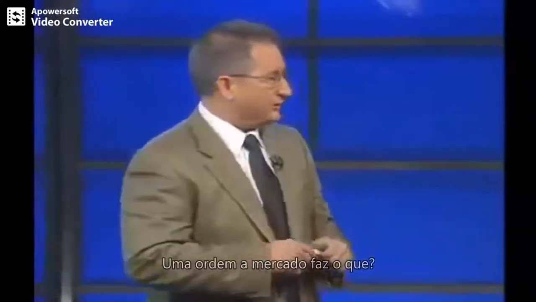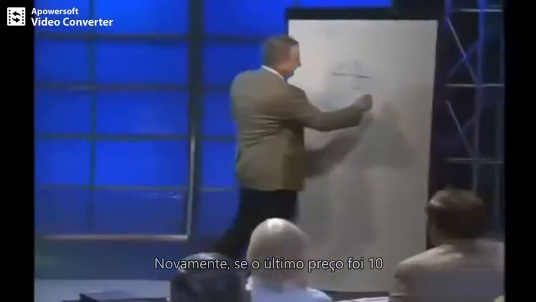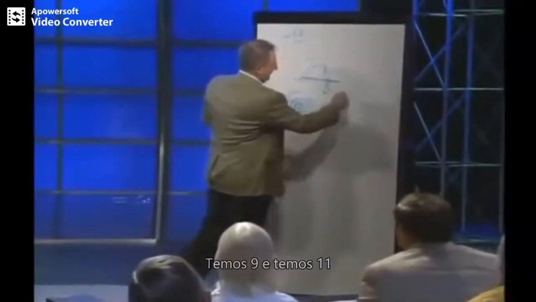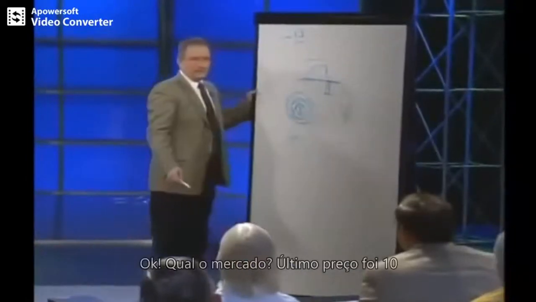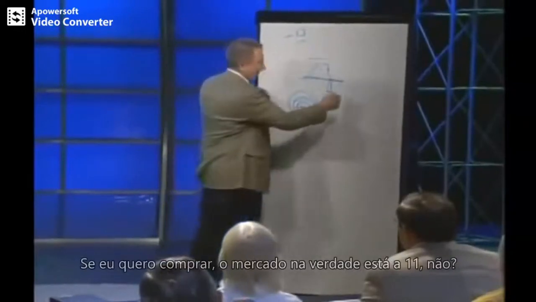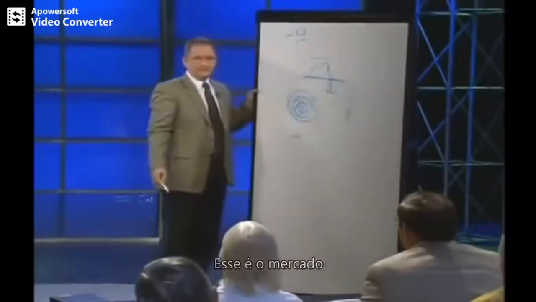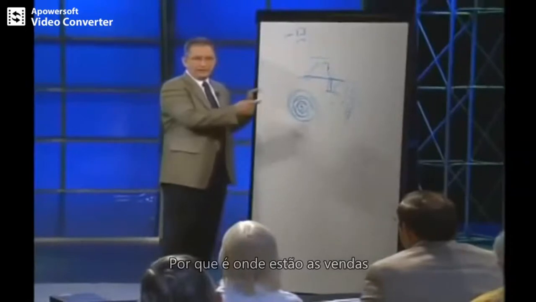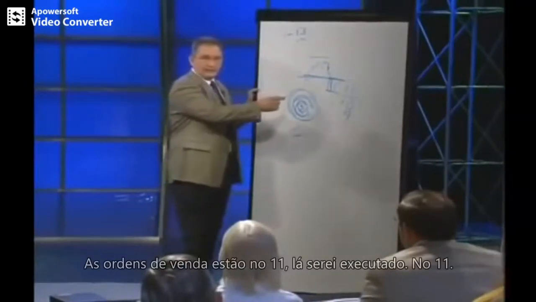Because a market order does what? If the last price is 10, we've got 9, we've got 11. What's the market? The last price is 10, but if I want to buy, the market's actually 11, isn't it? That's where the offers are, so that's where I'm going to get filled.